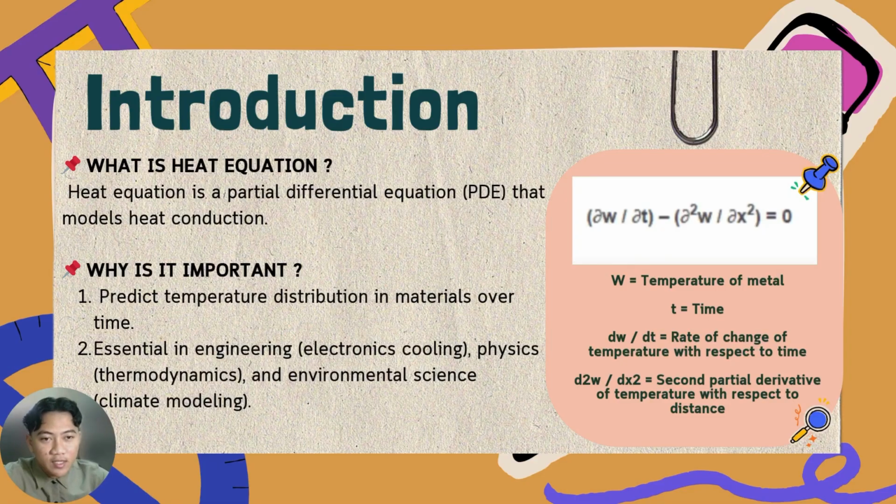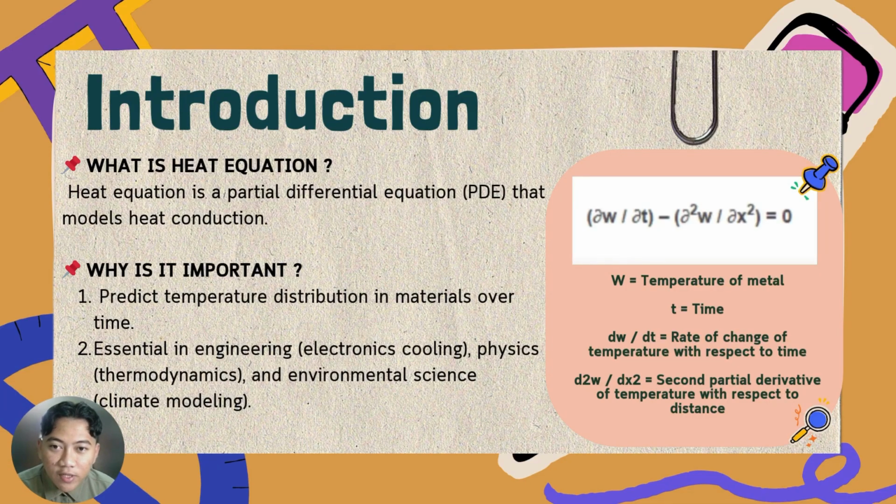These equations are crucial in various fields, including engineering, physics, and environmental science. For example, it is used in electronics to manage cooling, in thermodynamics to study heat transfer, and in climate modeling to understand temperature changes in the environment.